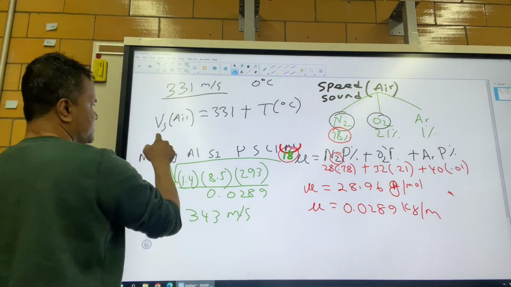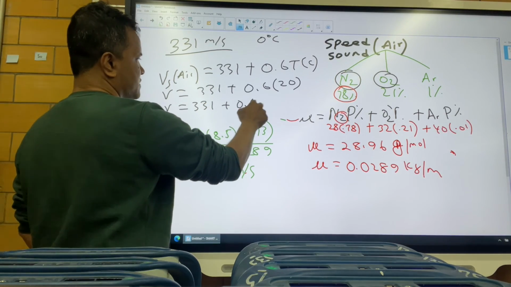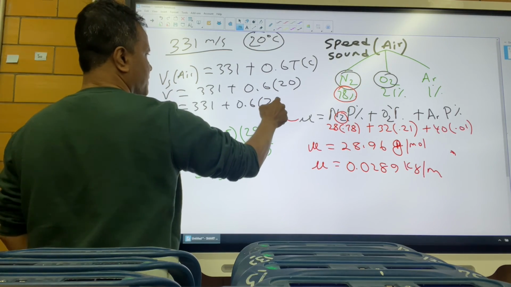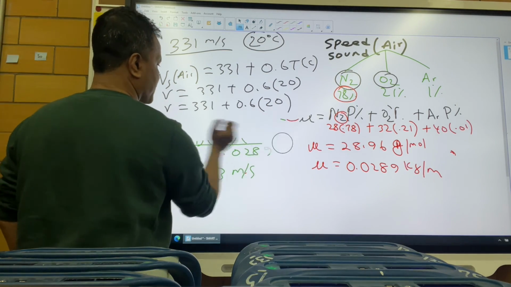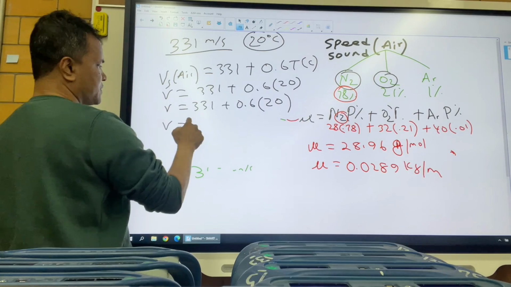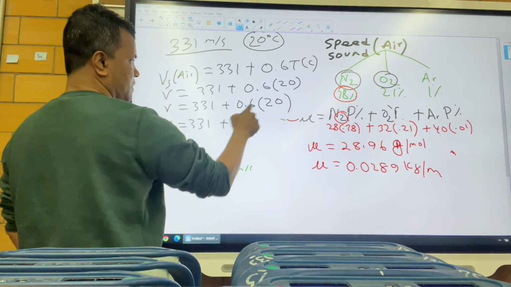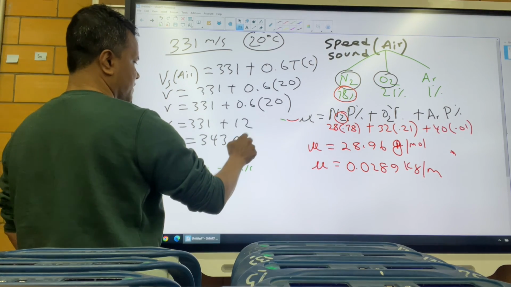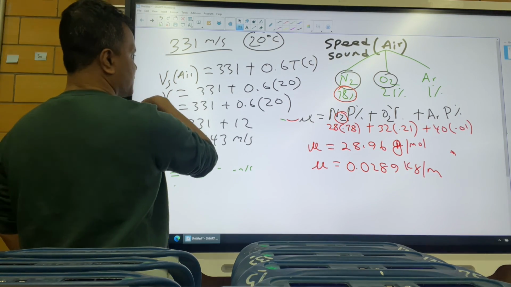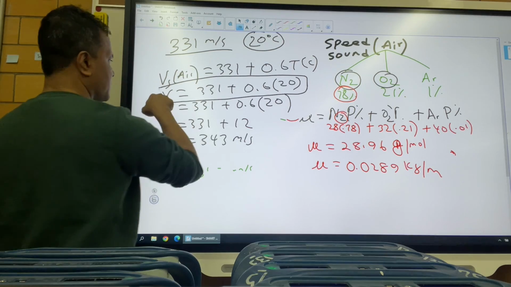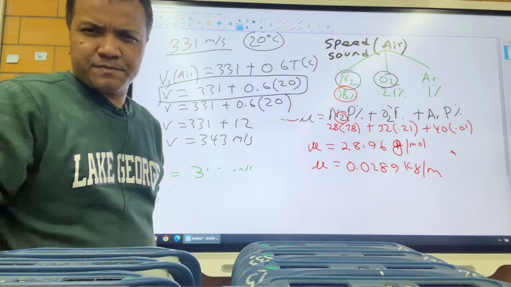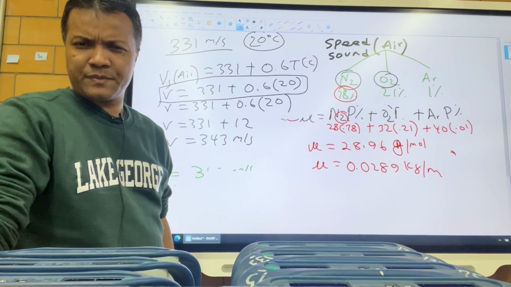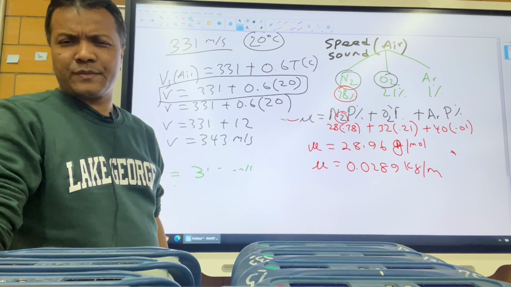So let's verify this. We use 20 degrees Celsius, so 0.6 times 20 is 12. So 331 plus 12, so velocity is 343 meters per second. So this equation will allow you to find the speed of sound at any temperature. Tomorrow we're going to do electric waves.